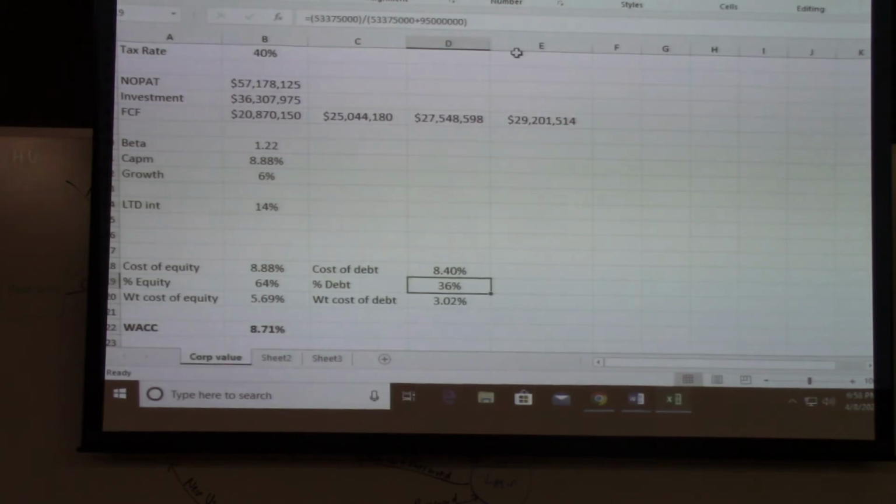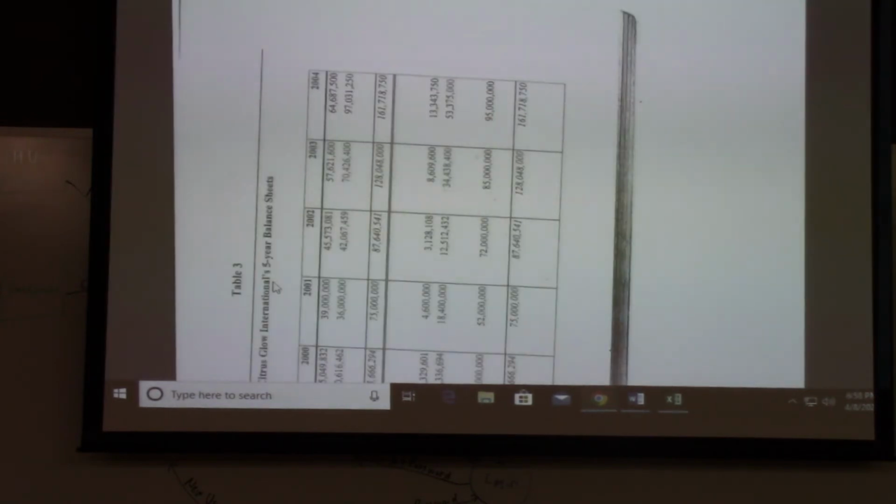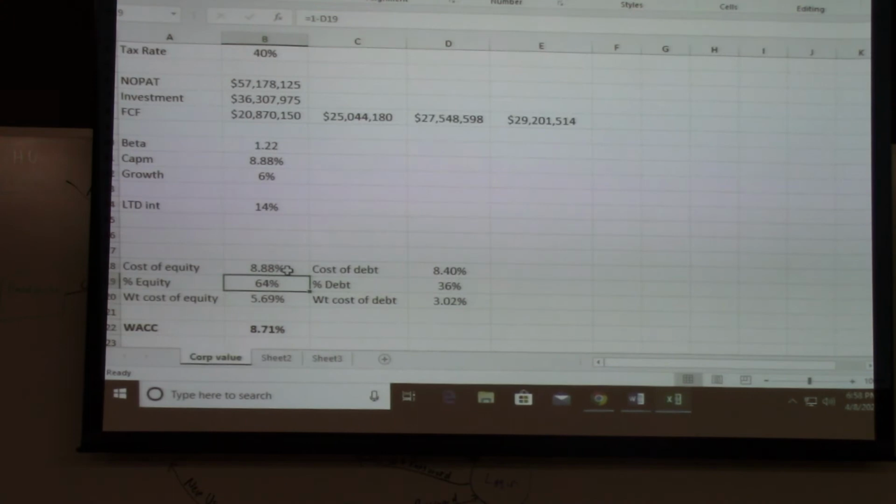So, not 36%. So 36% of their capital is debt, and that means 64%, which is owner's equity, 95 million divided into the 162 million, sorry. Now, 64% is equity, 36% is debt.